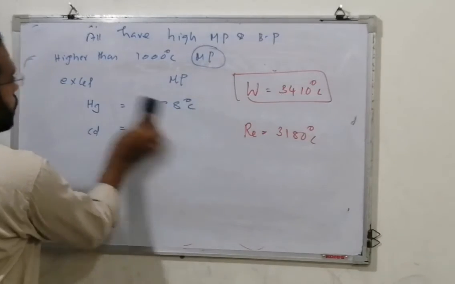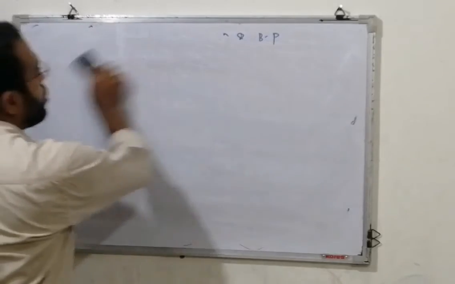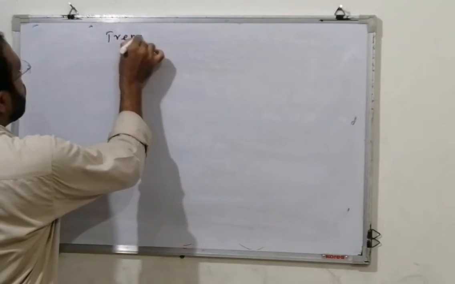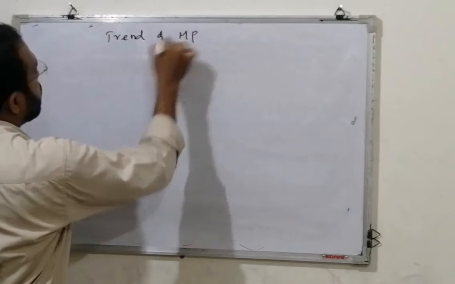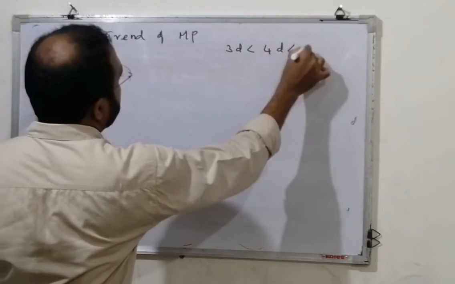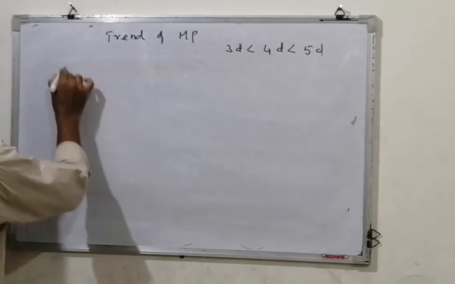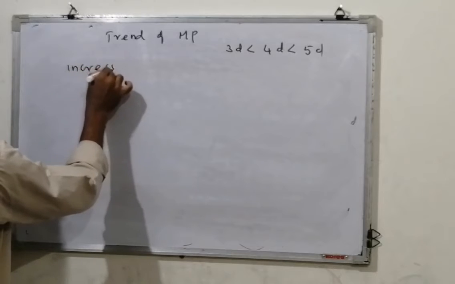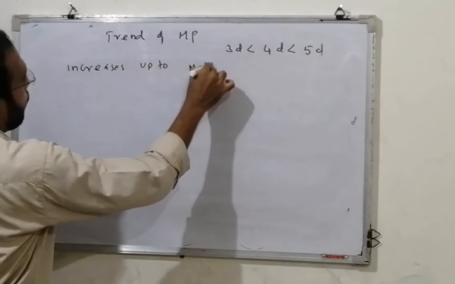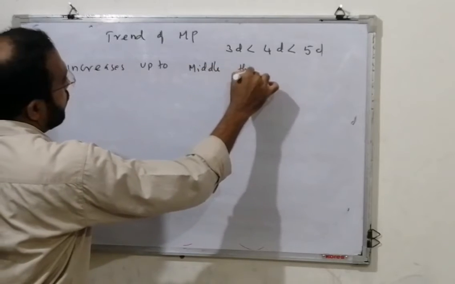Now, the trend of melting point: 3D is smaller than 4D, which is smaller than 5D. It increases up to the middle, then decreases.